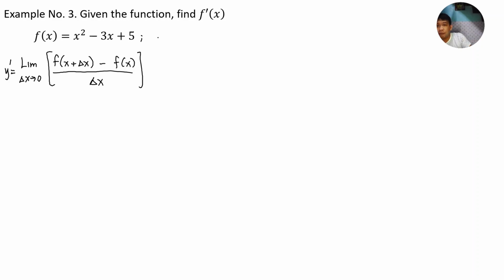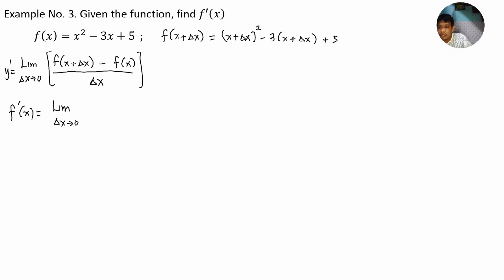Substituting into our given, we have f of x plus delta x is equal to x plus delta x squared, that's raised to the second power, minus thrice of x plus delta x plus 5. Then substituting in our definition, f prime of x is equal to the limit as delta x approaches 0 of the quantity.